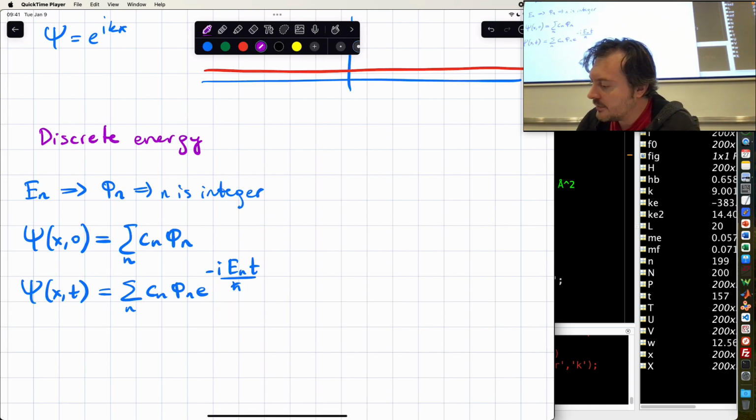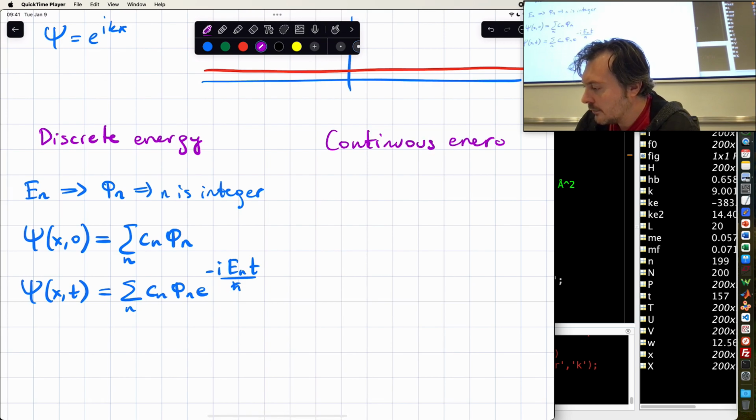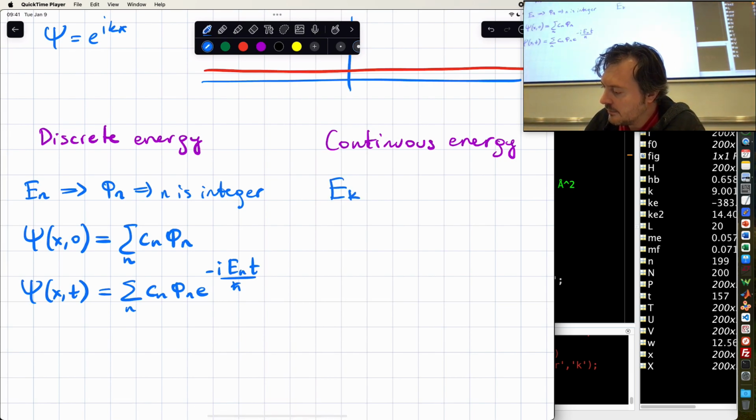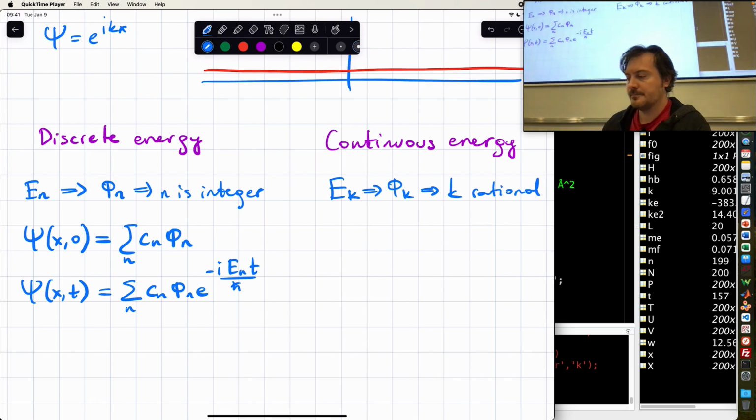Now, when you have continuous energies, then you have E_k, which has its phi_k, and k is a real number.